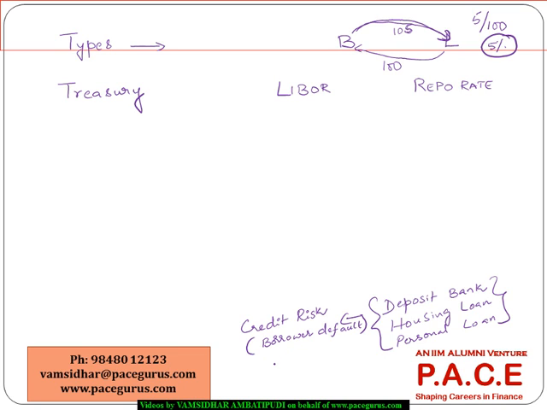If the possibility of default is higher, then the credit risk is higher, and in that case the interest rate will be much higher, because the lender is taking a higher risk by lending the money, as there is a good chance that he will not get his money back.